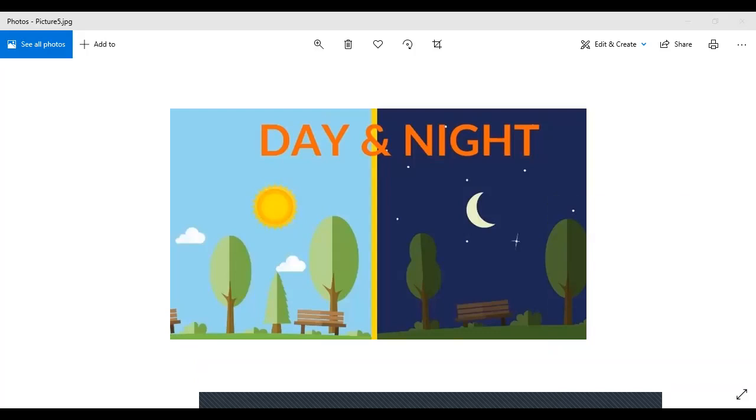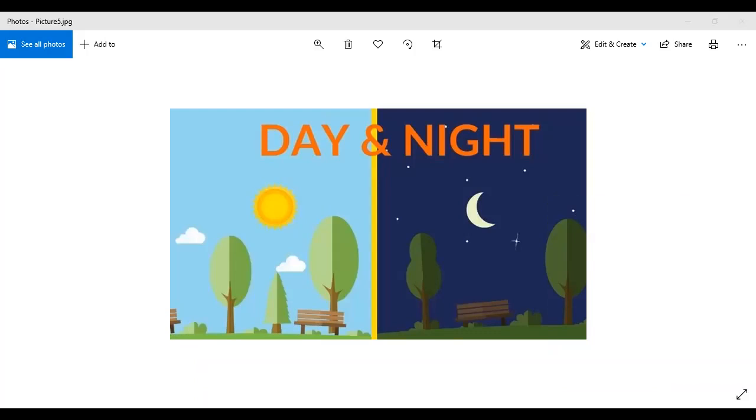In the daytime, people do a lot of activities. We go to school. Parents go to offices. Similarly, all other people, whatever their professions are, go to their jobs. But at night, all of them come back and rest together, right?